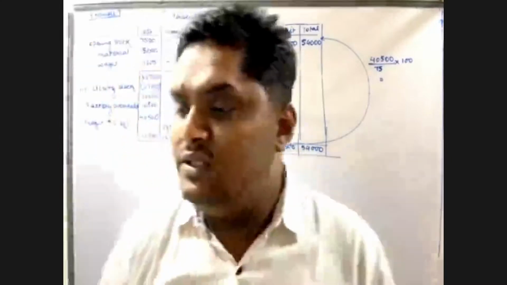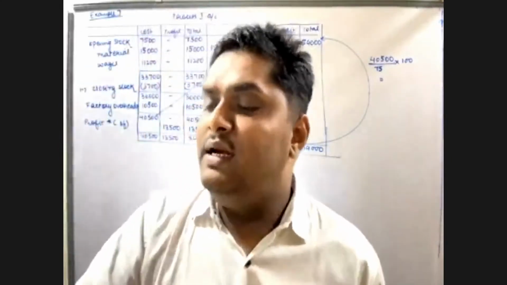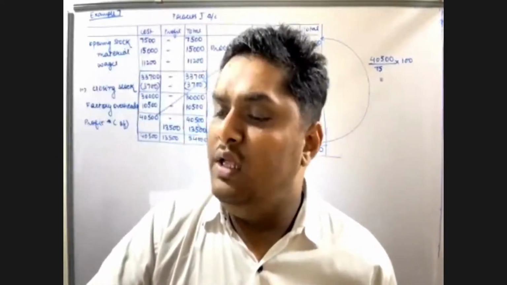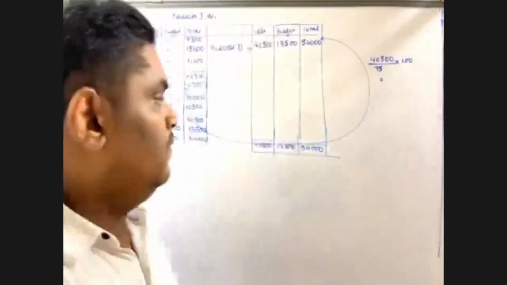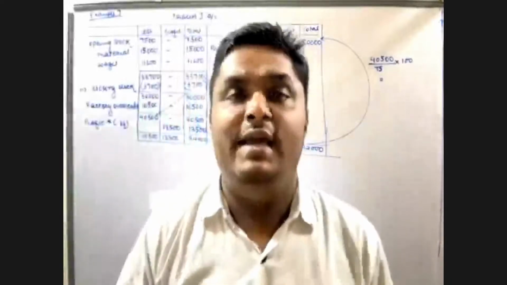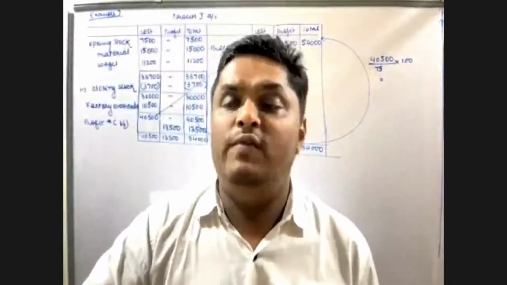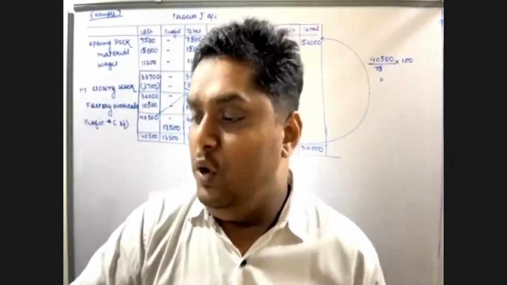If you have any doubts in this part, please post your query. Yes, alternatively, we can write closing stock on the credit side also. Both the approaches are correct. Waiting for your queries in this part. This process first account is very easy. But yes, in the process second account, you have to be very careful. So waiting for your queries, guys.